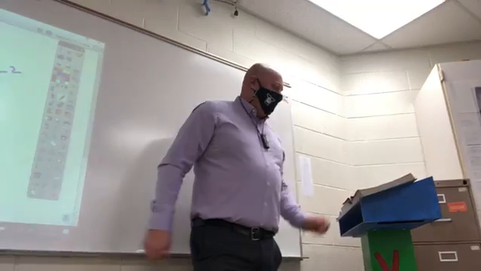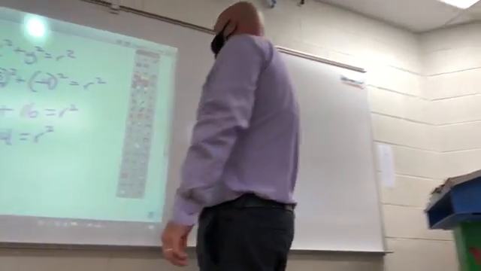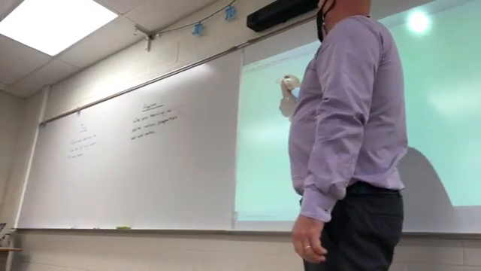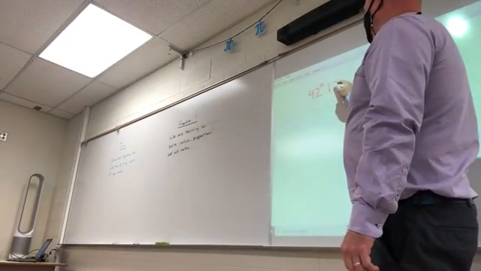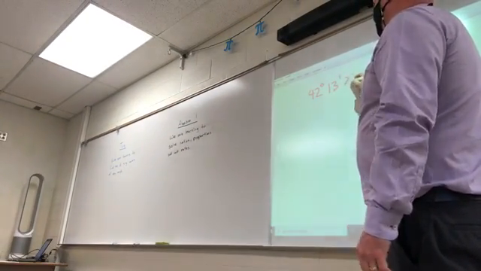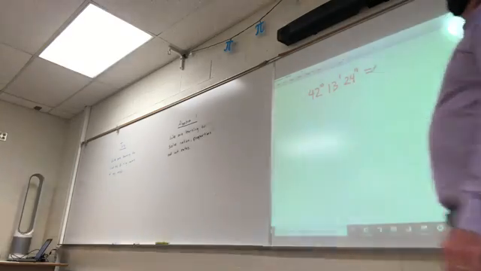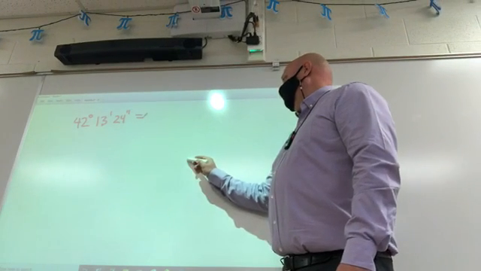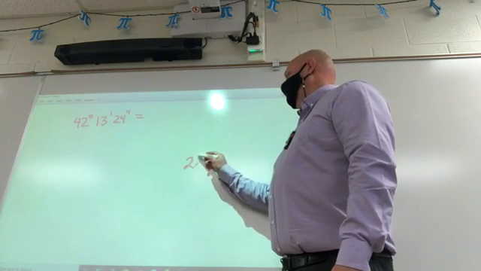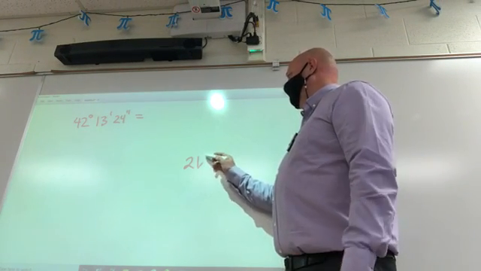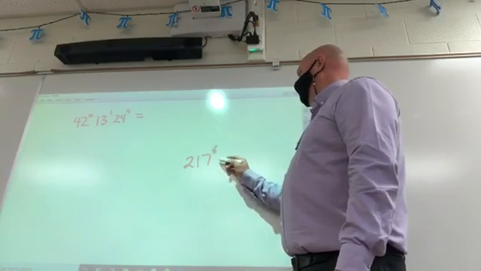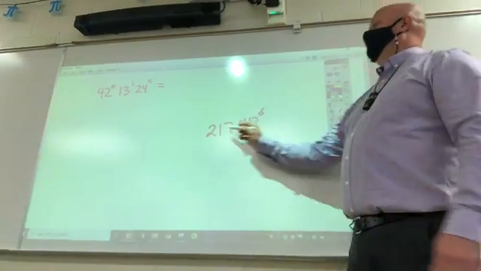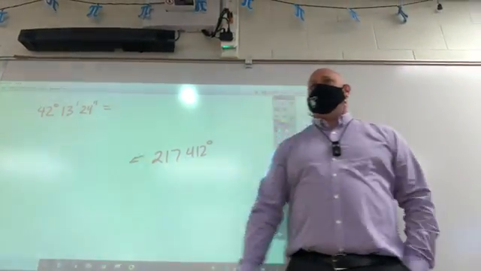There will be, if you flip over to 21, converting. You need to know how to take 42 degrees, 13 minutes, 24 seconds, put that in degree decimal. You should be able to take 217.412 degrees and put that back into degrees, minutes, and seconds.